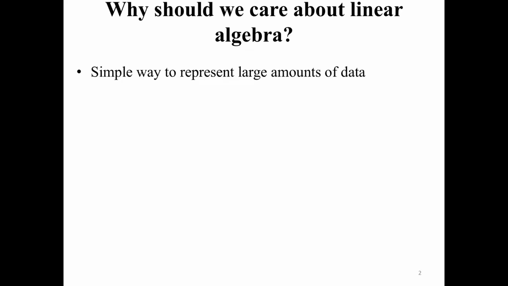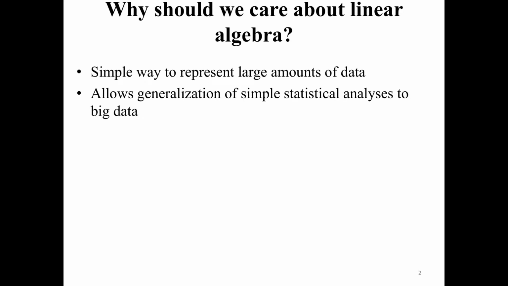So, we should care about linear algebra because it is a simple, parsimonious way to represent large amounts of data. And in this world where we are obtaining bigger and bigger data from the latest genotyping and phenotyping platforms, this is going to be essential.